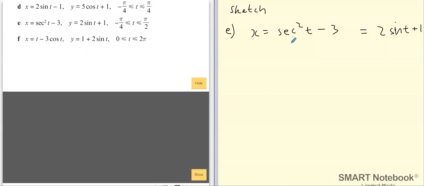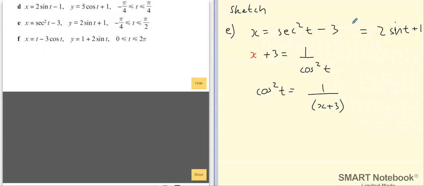But sec squared really is 1 over cos squared. So I'm going to say x plus 3 equals 1 over cos squared t. And so I get cos squared t equals 1 over x plus 3. And this was y equals 2 sine t plus 1.